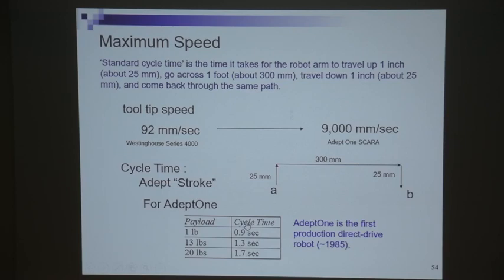If you carry a heavier load, you will not be able to do it as fast. So for 20 pounds, you can have a cycle time of 1.7 seconds. So last time this was a big deal in 1985. So this was considered very fast. But today, the robot can do a lot more, 10 times faster.